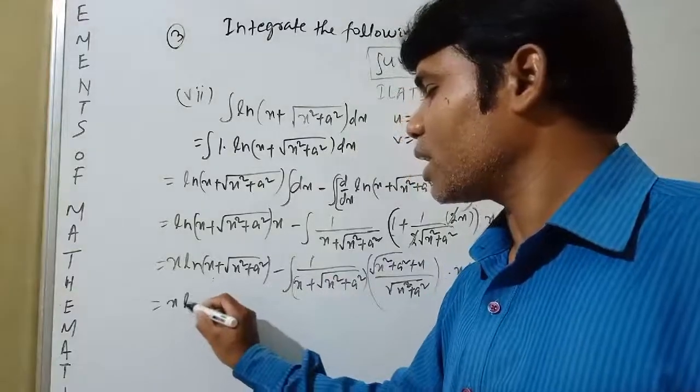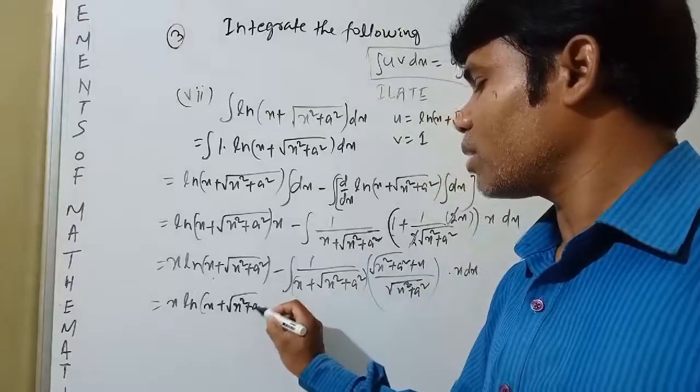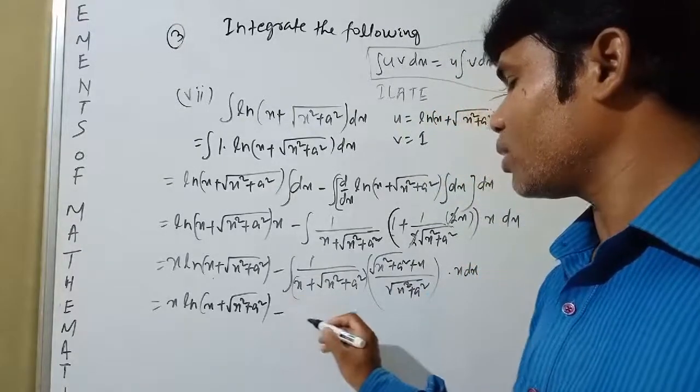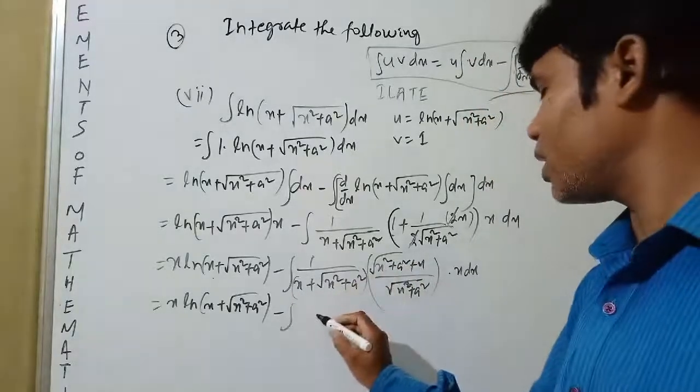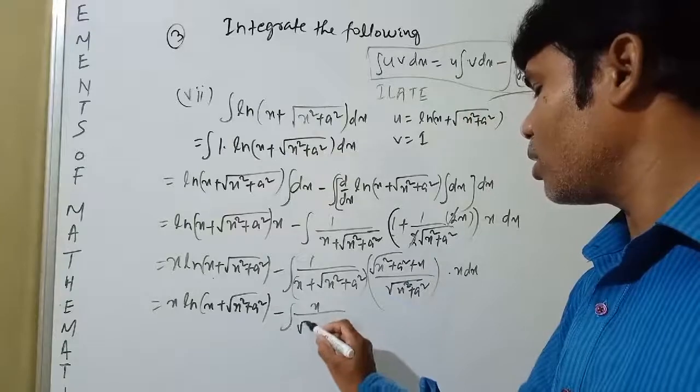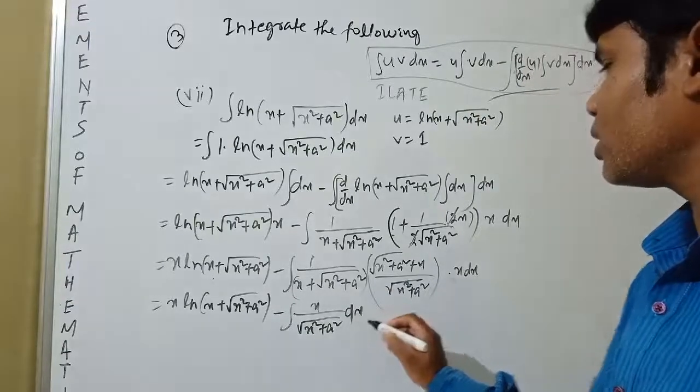This is equal to x ln(x + root over x square plus a square) minus the integration of x by root over x square plus a square dx.